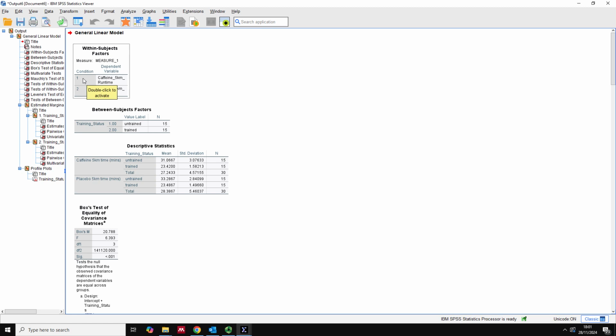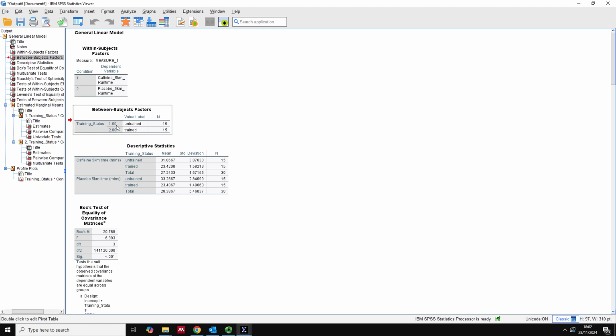So in this case, condition 1 of our analysis is associated with the caffeine condition, and condition 2 is associated with the placebo condition. So it's good practice to write that down on a piece of paper and have that next to you because it will really help you interpreting the data lower down. Similarly, for training status, 1 is associated with untrained and 2 is associated with trained.